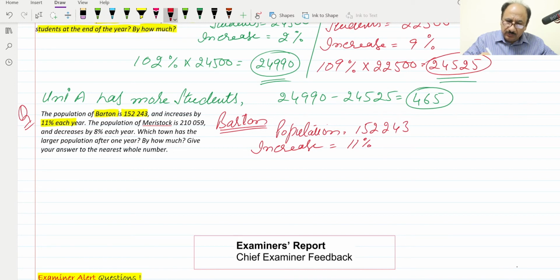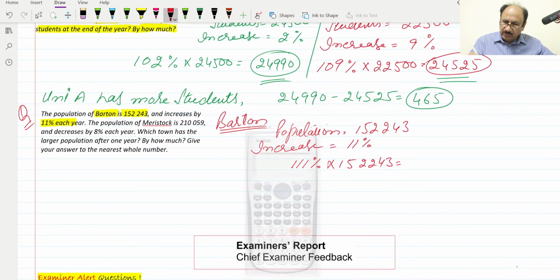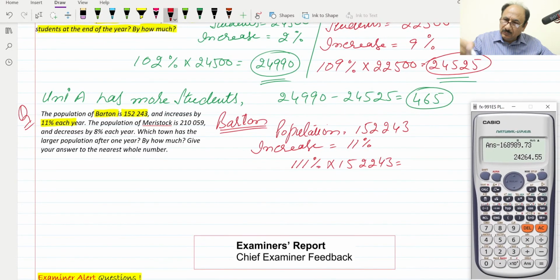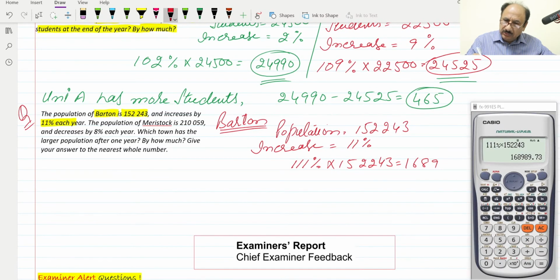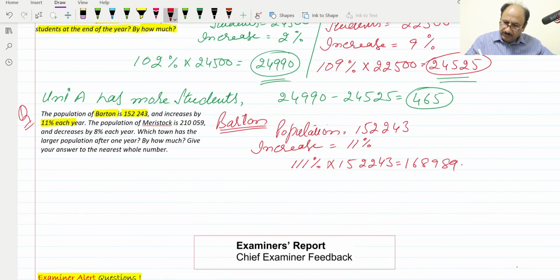So we can calculate the population after the increase as 111% of 152243, using a calculator, and this will be equal to 168989 point, there is a decimal, 77.73.